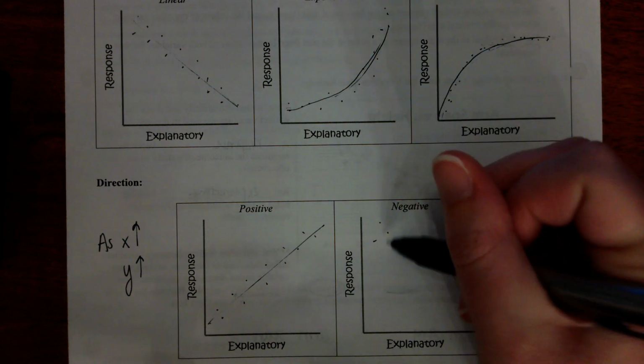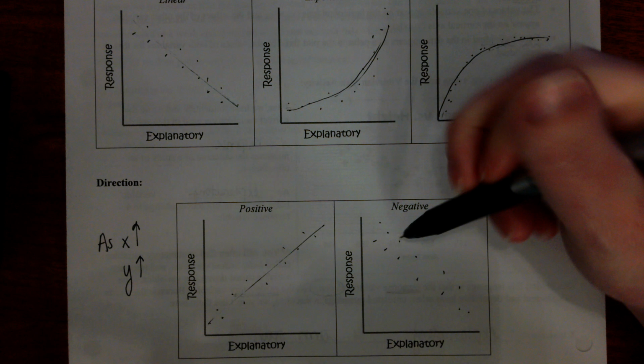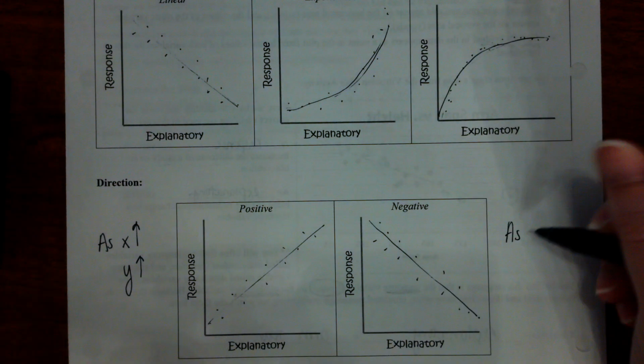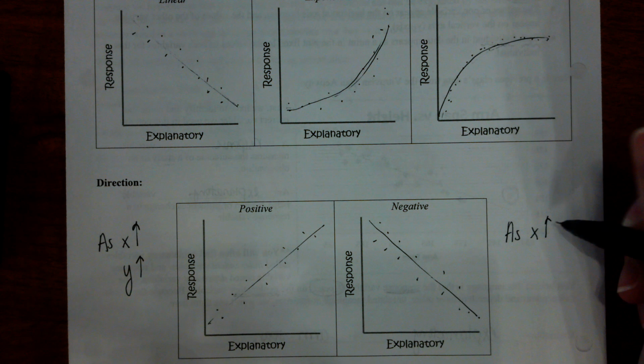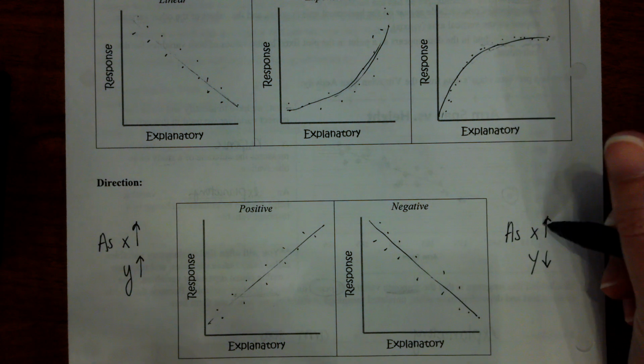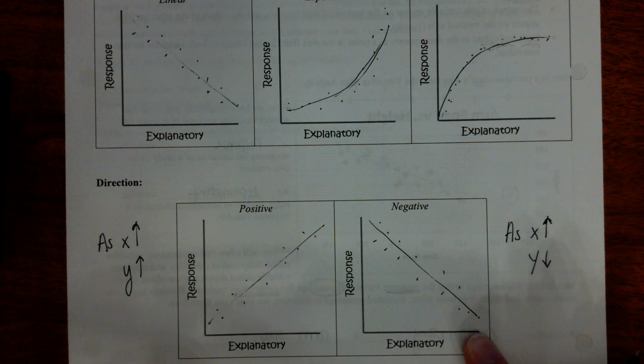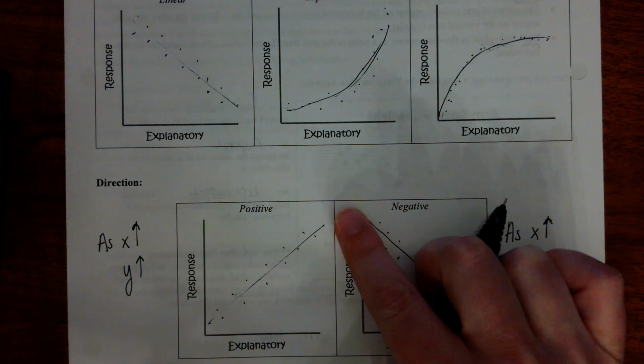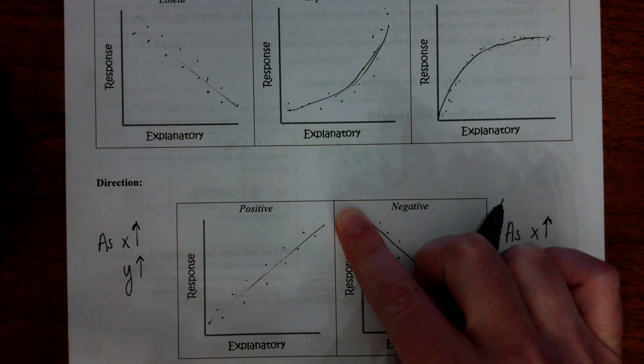Negative is that they are decreasing left to right, so something like this. As our x increases, our y decreases. So as we get further into our x's, our y's are decreasing. Here, as we grow with our x's, our y's are also increasing.